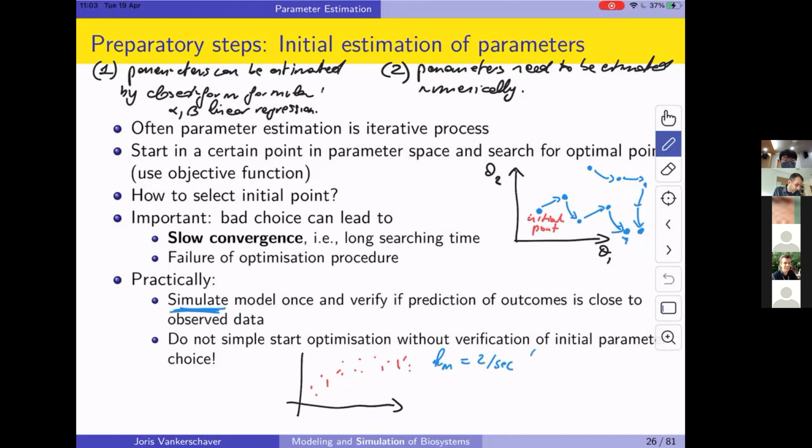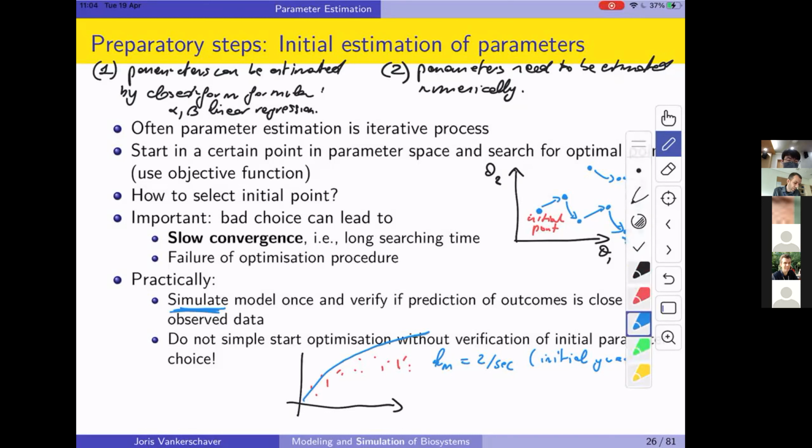So this is my initial guess for the parameter. Now if you plug that value of the Michaelis-Menten constant into the model and ask it to draw the curve, you get something that looks like this, and it overshoots a little bit, that's fine. Now you know, okay, I'm going to have to ask my optimizing algorithm to change that to 1.5 or whatever it is, but I know I'm in the ballpark.